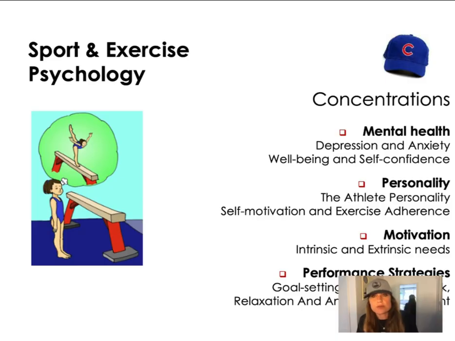The concentrations and things that we know about sport and exercise psychology is that there's been a lot done in mental health. We know that exercise specifically, so not so much on sports performance, but exercise helps with anxiety, depression, reduces medication, improves mood, all sorts of things, improves confidence, all sorts of underlying factors related to depression and anxiety.